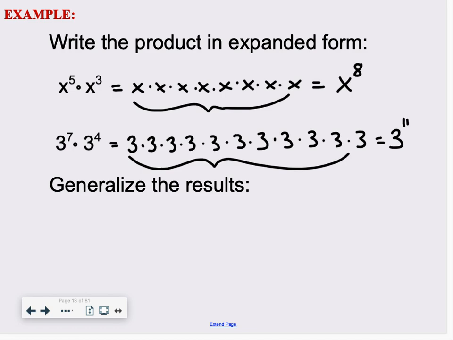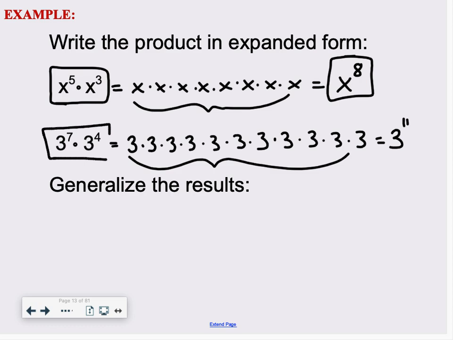Well, if you generalize, what did we just do? Rather than expanding all that, because that's rather painful, if I go back to the original expression and I look at my answer, how are they correlated? Well, if you add the exponents, 5 plus 3 is 8. Same thing here, 3 to the 7th times 3 to the 4th. If I add those exponents, 7 plus 4, is 11.